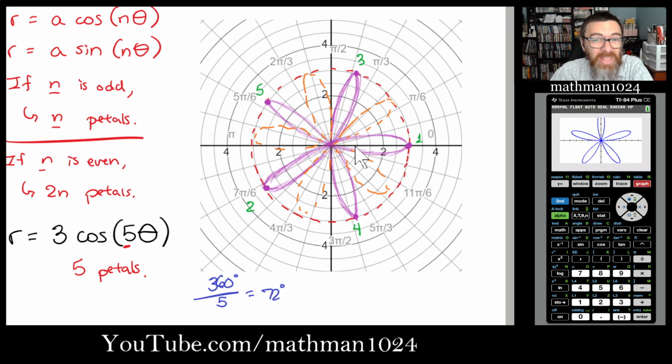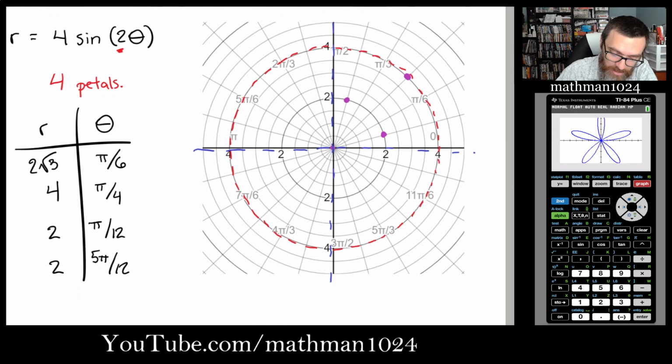It's almost as if they could have been there, but they're just not. So if you divided this into 10 equal regions, every other one would have a petal. But when it's an even number inside the 2, divide it into the 4 regions for the 4 petals. Each region will have a petal.